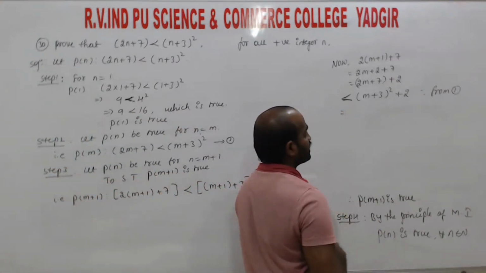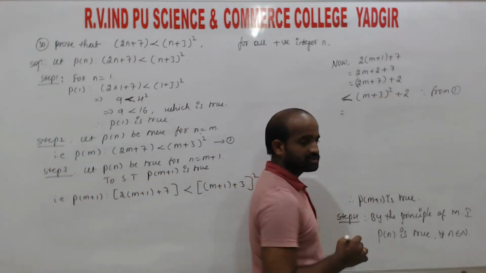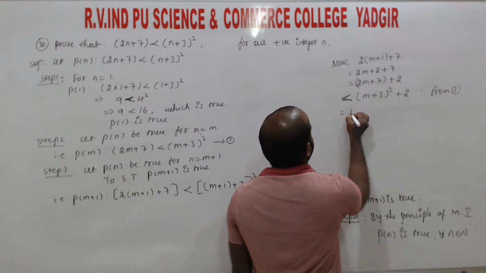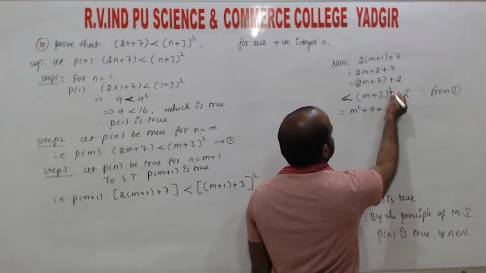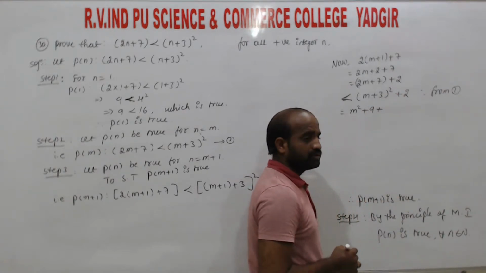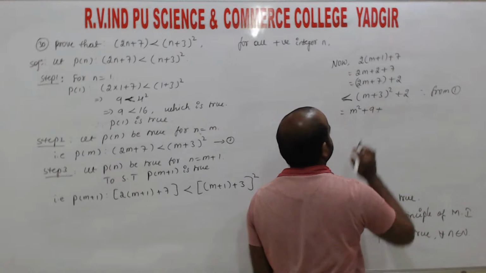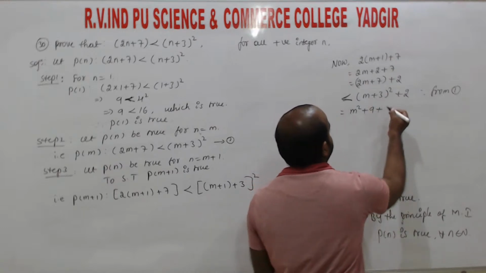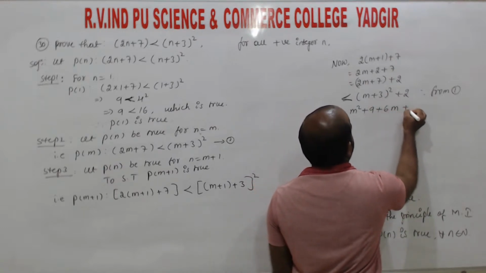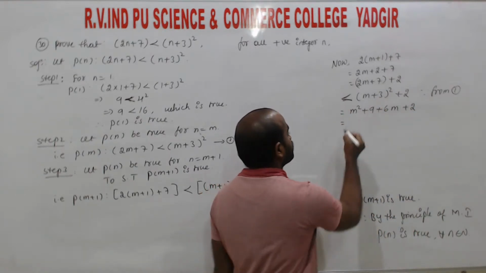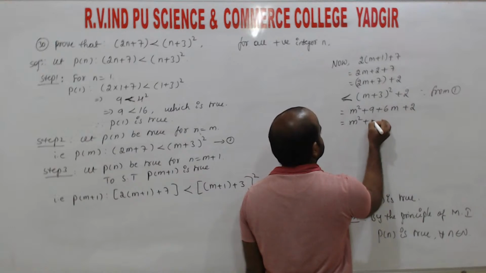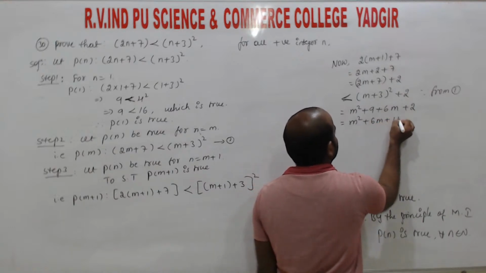After that, we have to expand m plus 3 whole square: m square plus 3 square is 9, plus 2 into m into 3, 6m. Okay, plus 2. Expanding a plus b whole square: m square plus 6m plus 11.